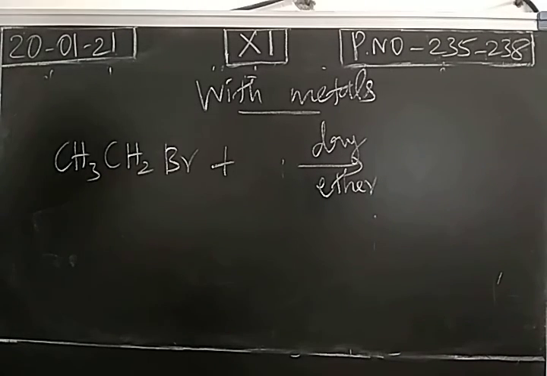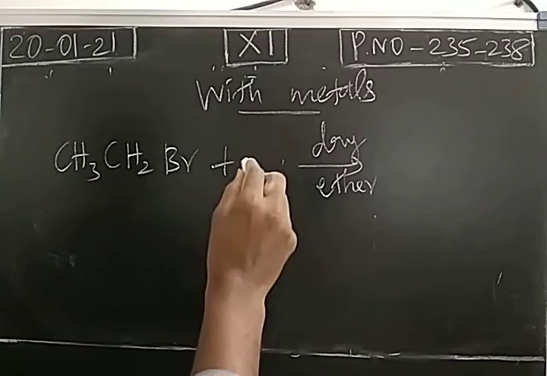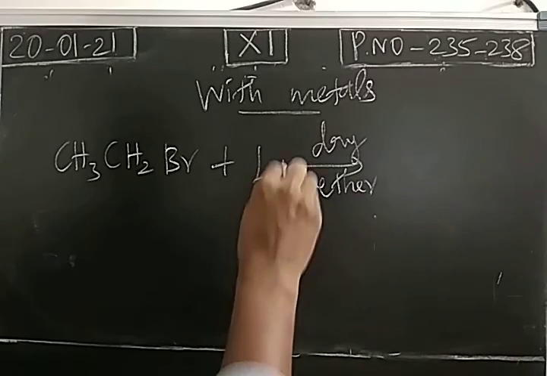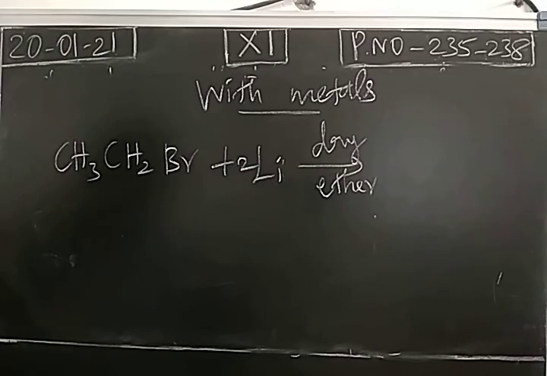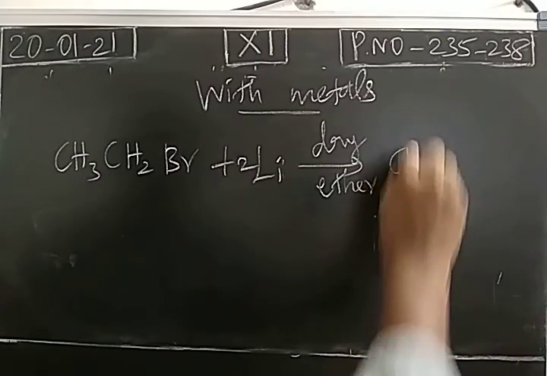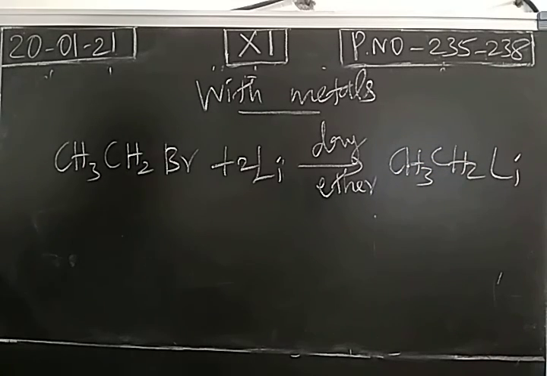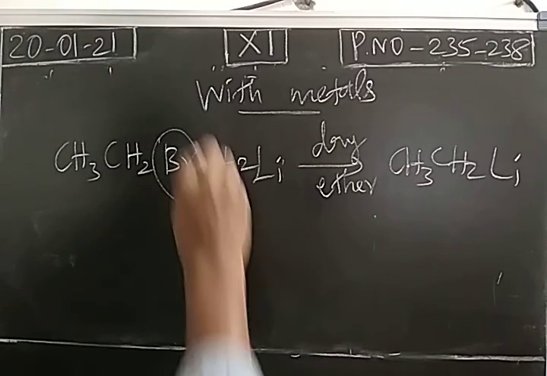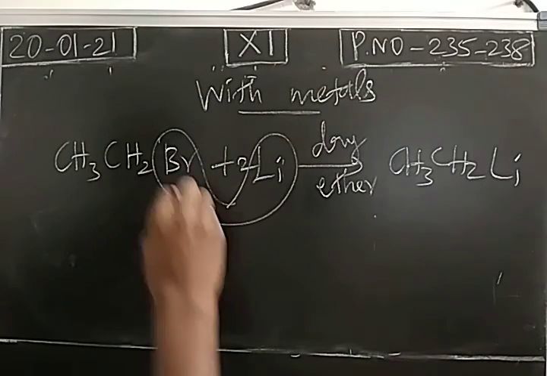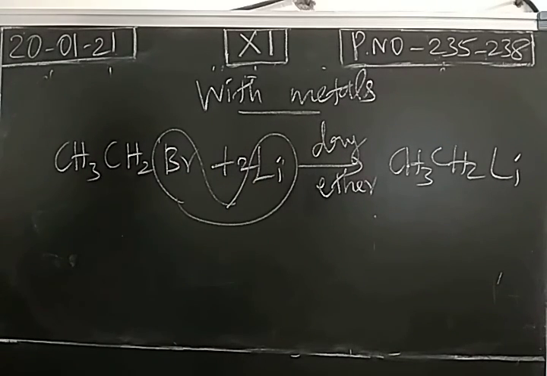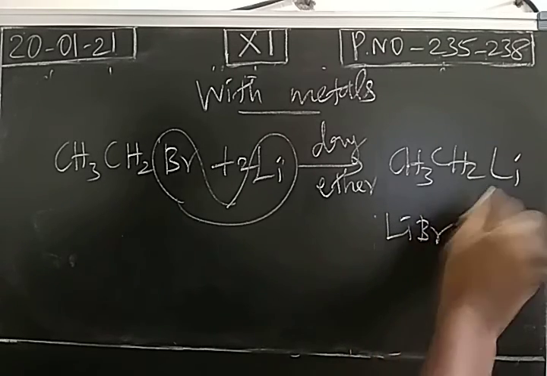Then ethyl bromide can combine with lithium in the presence of dry ether. We will get ethyl lithium. The product is ethyl lithium. The remaining lithium metal combines with bromine, which is leaving as lithium bromide salt.